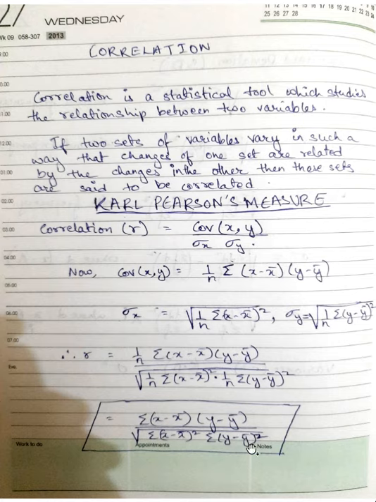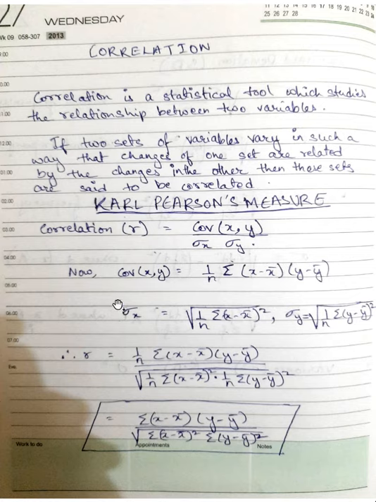So this is the most basic formula of the correlation coefficient given by Karl Pearson. So these derivations and all is not important.